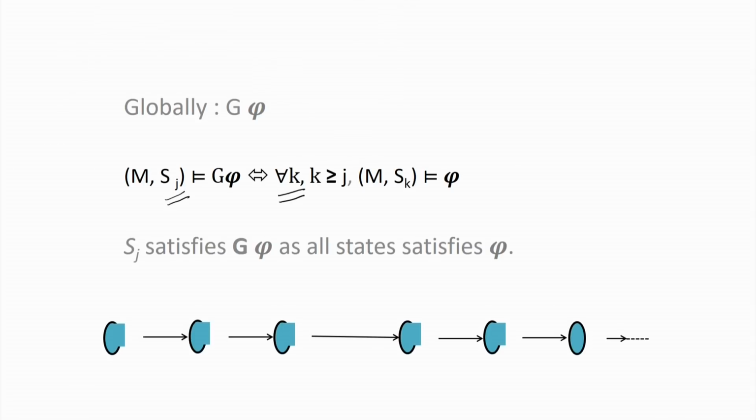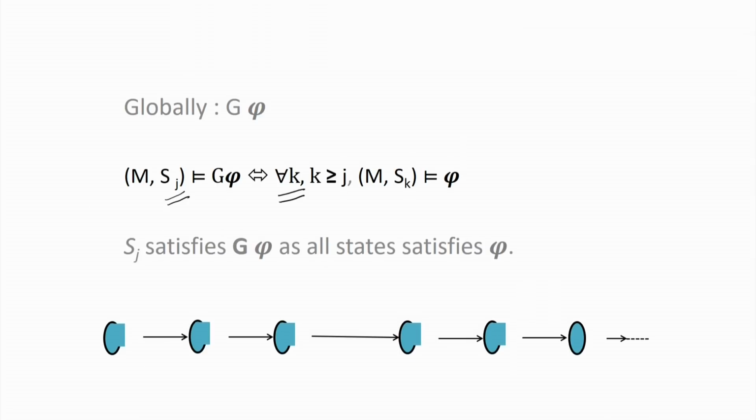So in all states, wherever we go from this particular state, if phi is true everywhere, we say that G phi is true at that particular point. That means you can say that phi is globally true.